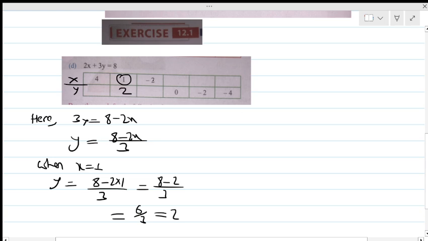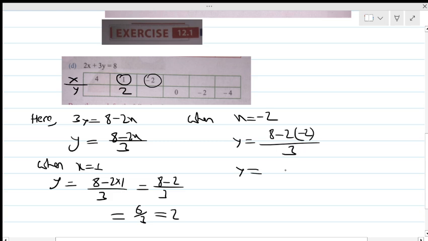And now in the same way, you are given the choice minus 2. So when x equal to minus 2, what will we get for y? Let's see. y equal to (8 minus 2 into (minus 2)) divided by 3. Here the bracket is kept, so a multiplication symbol is not needed; it implies that it's getting multiplied.